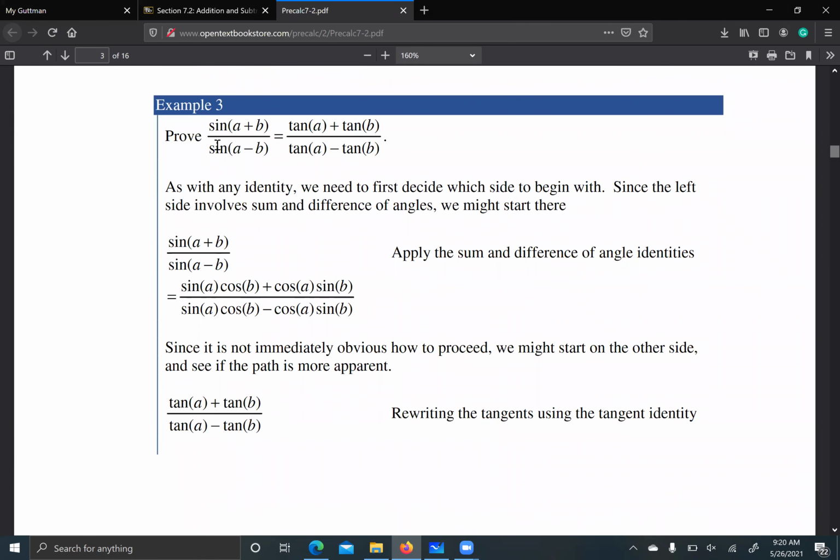Okay, now let's look at example 3. It says prove this identity, prove this equation.